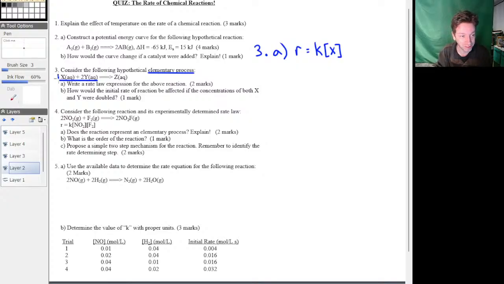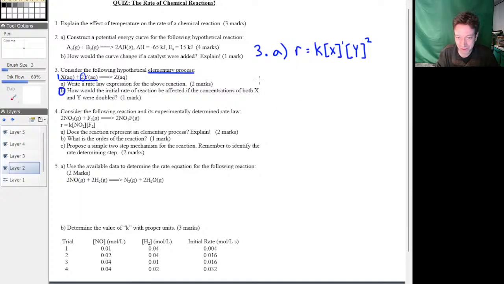So there's a coefficient of 1 technically there. We just don't write it. So that's the power of 1 if you want to write it. Then multiply by, we use square brackets to denote concentration, of Y, and then to the power of, so our coefficient here is 2. So there's our rate law, which we can get directly from the equation if it's an elementary process.